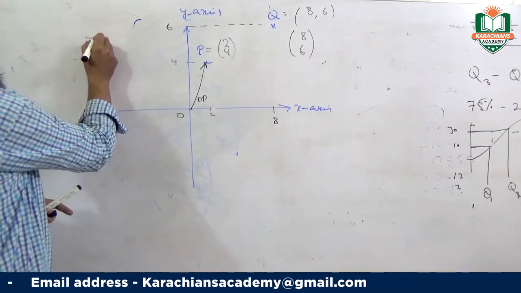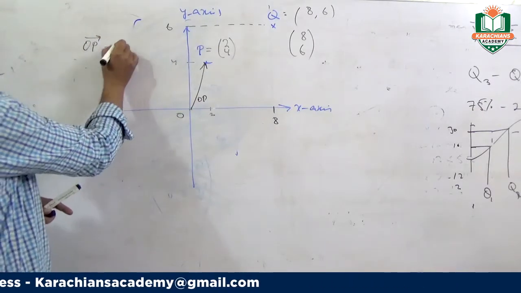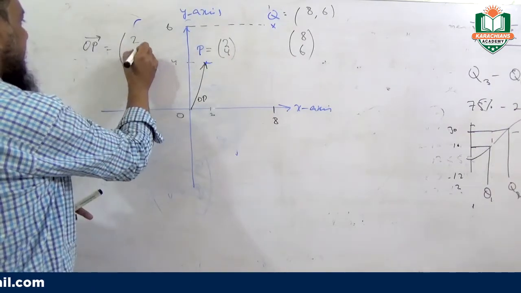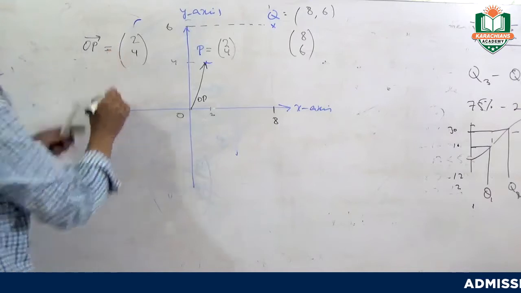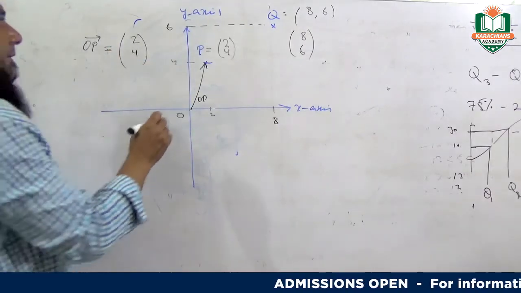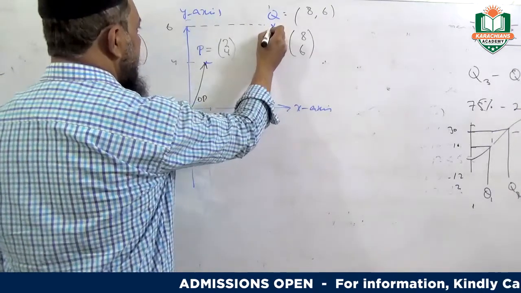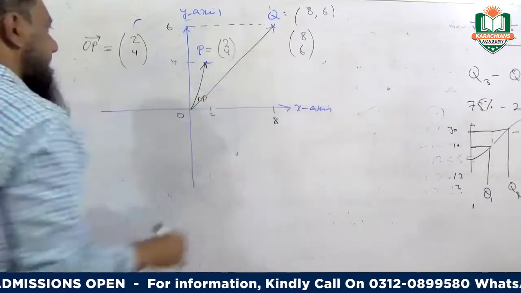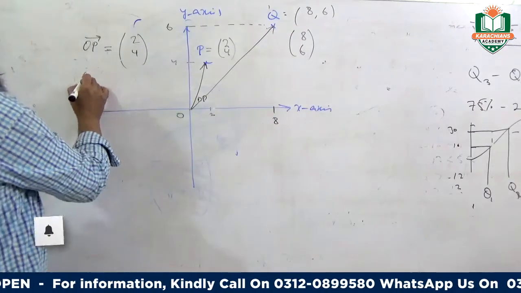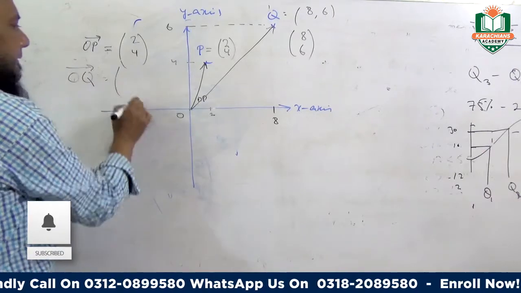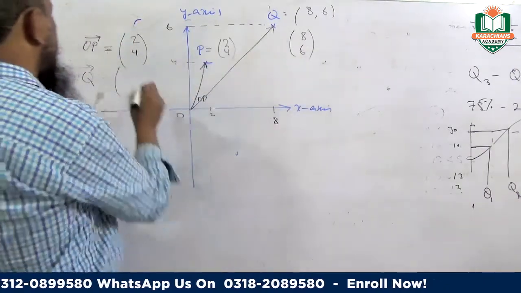We can show this with an arrow, and OP is represented by the column vector. Similarly, we have another position vector, OQ, which can be shown as 8, 6.